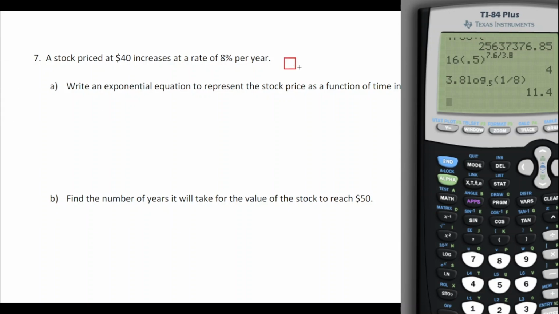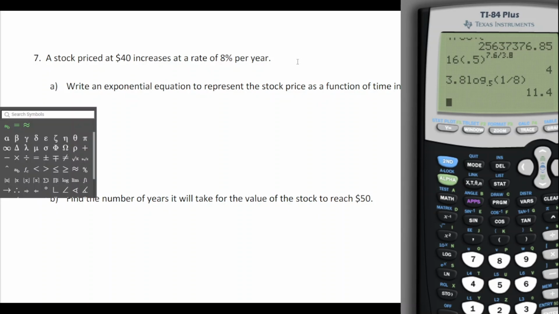So my equation here is going to be y equals 40 times, it's 1 plus 0.08, so that's 1.08, to the power of x, where x is the number of years. So write an exponential equation. Oh, well, that's what we just did. So here's your equation to represent the stock price as a function of the time in years.